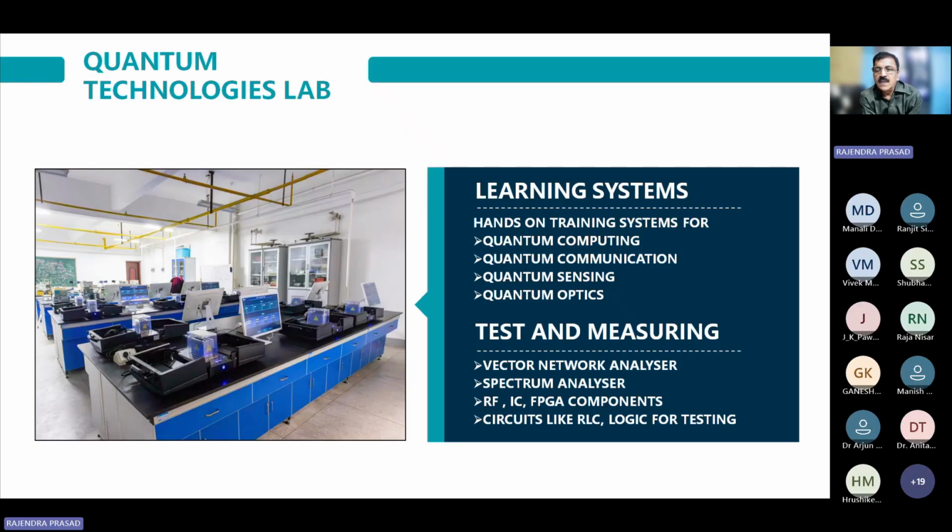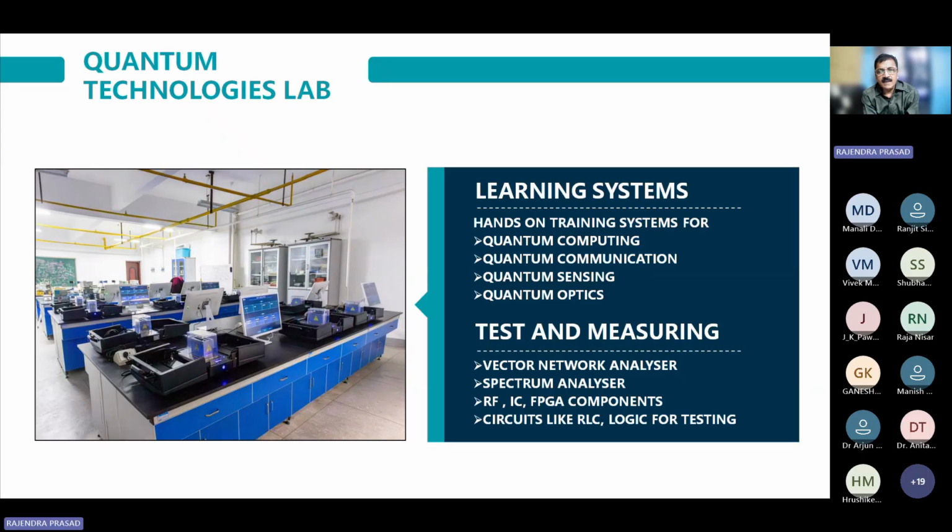We can use them to practice computation with certain algorithms, or mere communication, sending and receiving data, or quantum sensing for that matter, sensing some parameters on an example given as a sample.